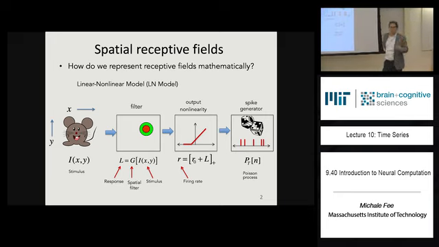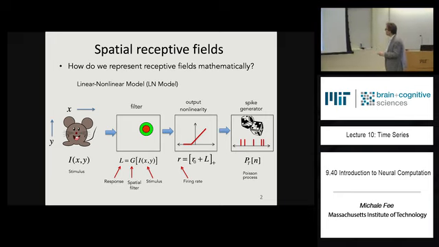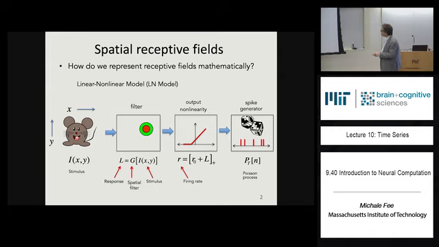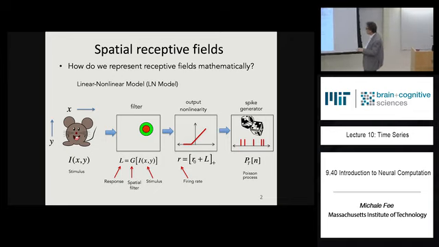So a typical way this would look for a neuron is that if the filter response L is 0, the neuron might have some spontaneous firing rate R0, and the firing rate of the neuron is modulated linearly around that spontaneous firing rate R0 by an amount proportional to the response of the filter.